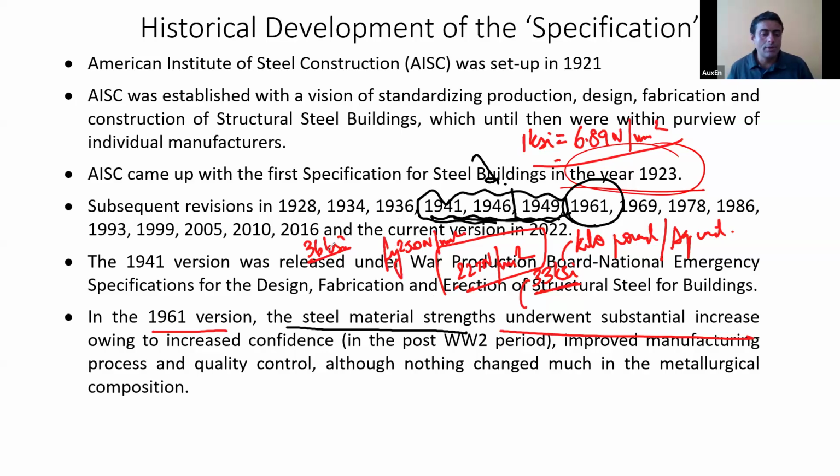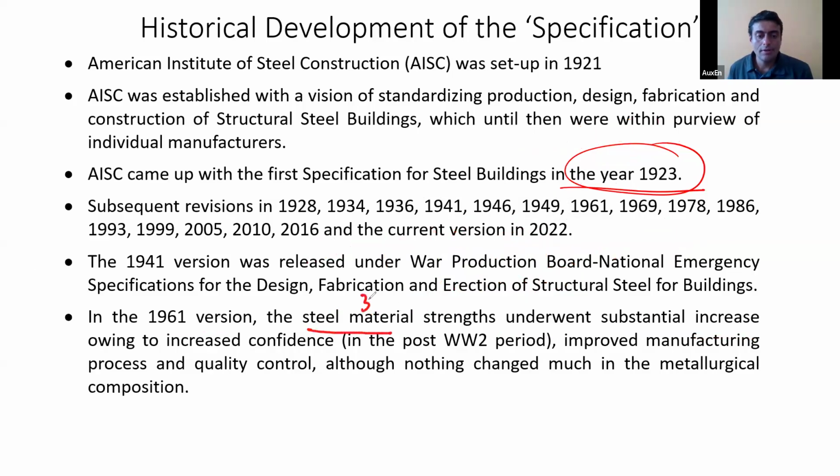Anyway, what I'm trying to tell you is that in the 1961 code, you suddenly saw a jump in the material strength. So directly a jump from 33 KSI to 50 KSI. How much will be the value of 50 KSI in newtons per mm square?